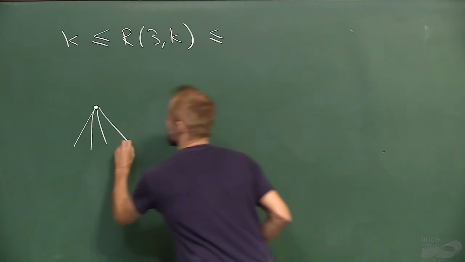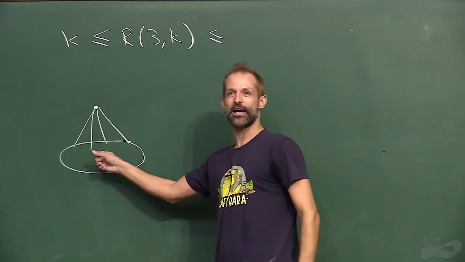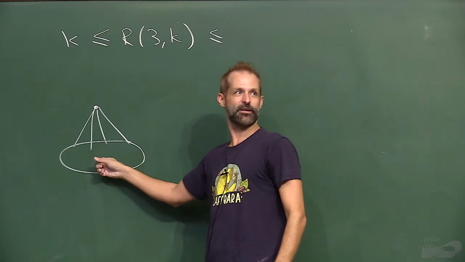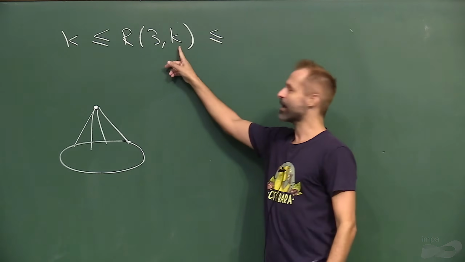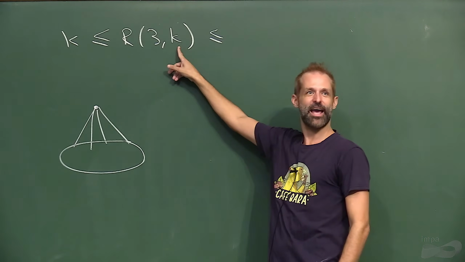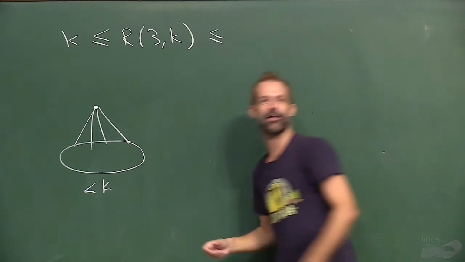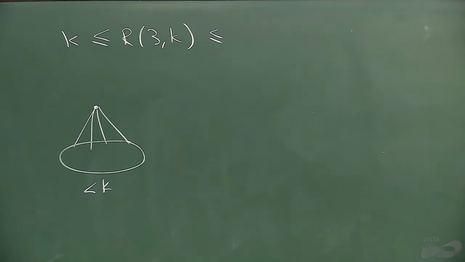The neighborhood has no edges in it. In other words, it's a blue clique. So if you don't have any blue clique of size k, this must have size strictly less than k.